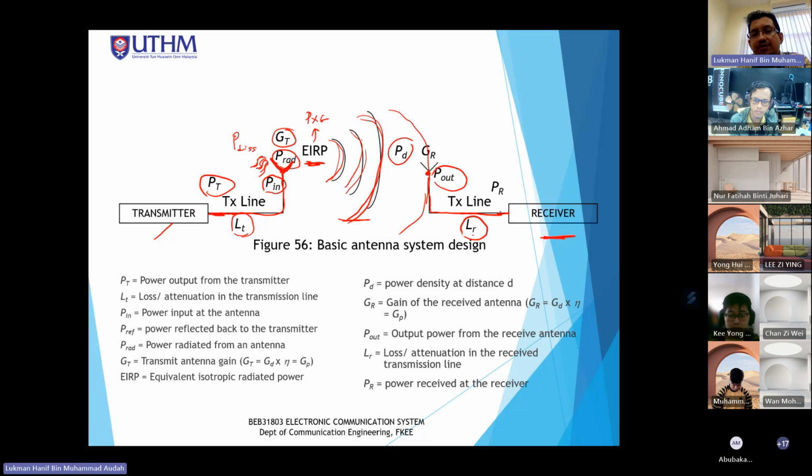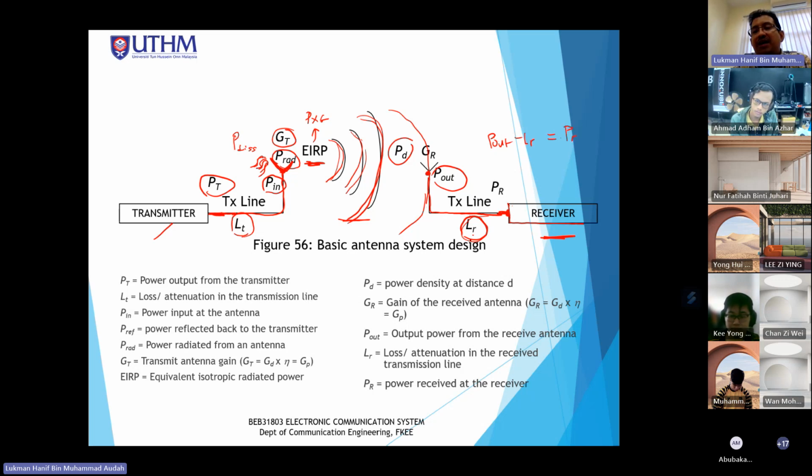So you see that the P out goes through the transmission line, and there are going to be losses. After subtracting the losses, we're going to get PR, the power received by the antenna. So P out minus LR, we're going to get PR.